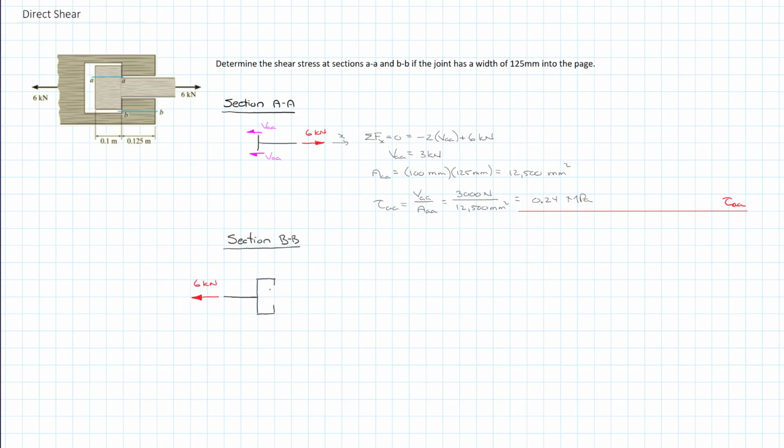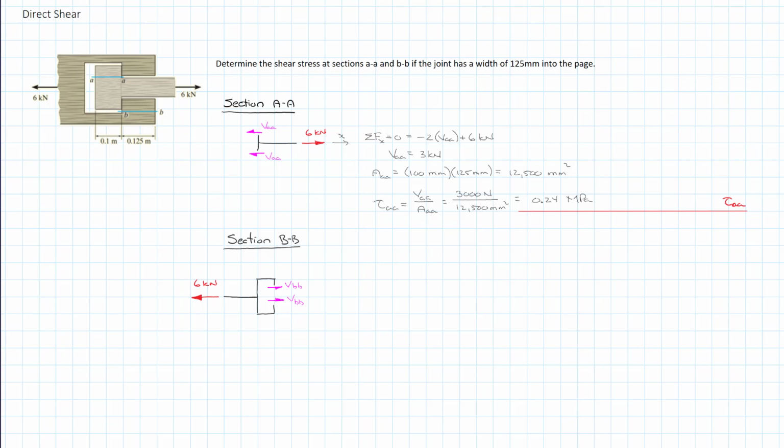And we have our shear forces on the top and on the bottom. And again, because of symmetry, we know they're going to be equal. So if we label this as our shear force V on BB, then this is also going to be VBB.